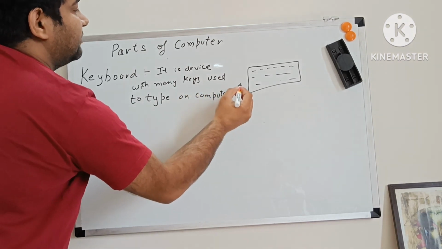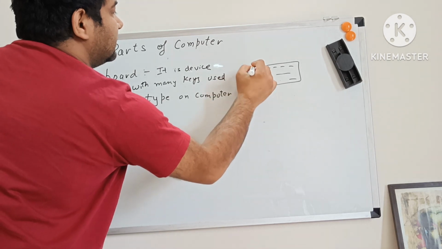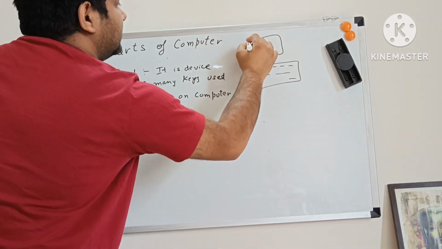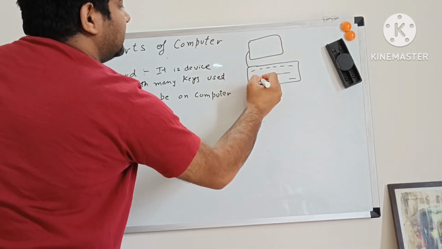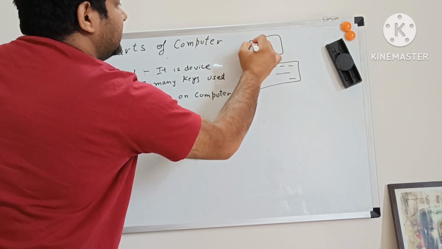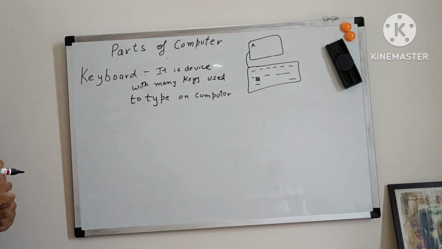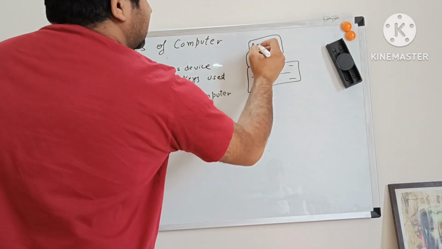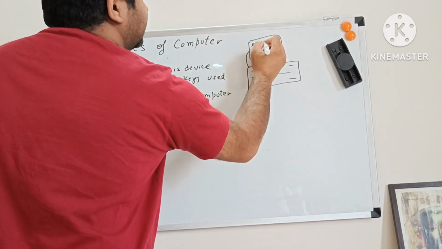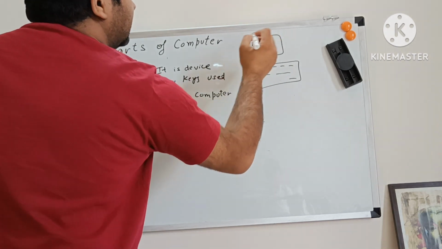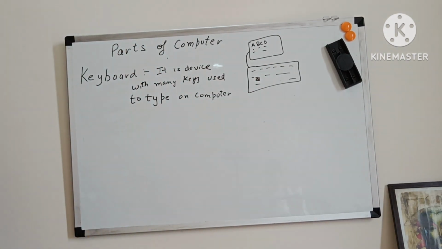When we press these keys, and this is a monitor, we can see, suppose this is A. When we press this button A, it will type A here. We can see it on the monitor. We can type our name also, right? We can type A, B, anything. We can write a letter, we can write a story with the help of a keyboard.